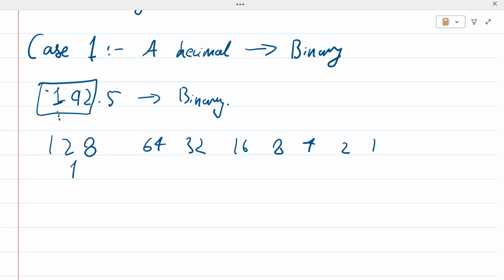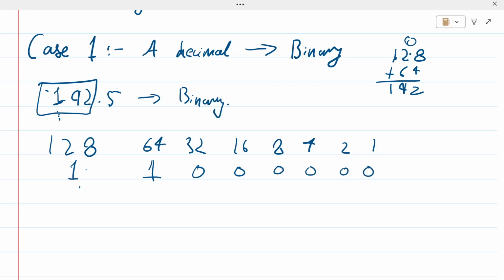Well, obviously, 128 goes here, and 128 plus 64 is 192. You see? And then the rest of them are zeros. That's our answer. So this gives us 192 in binary.